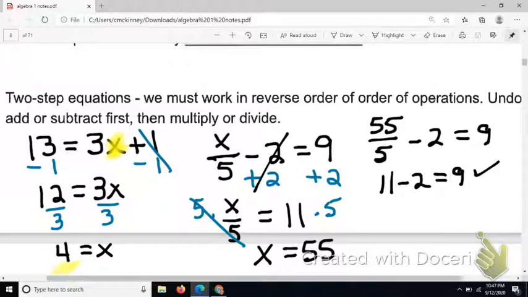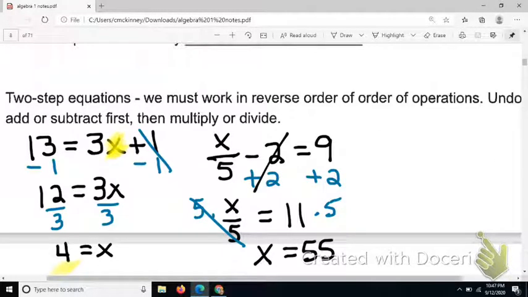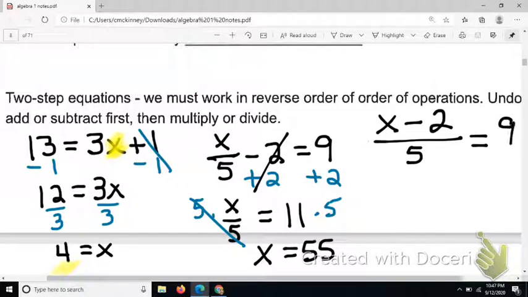Now, another type of problem that you might see with a fraction in it is if instead I had this. And these two problems are not the same, because in one of them, only the x is getting divided by 5.